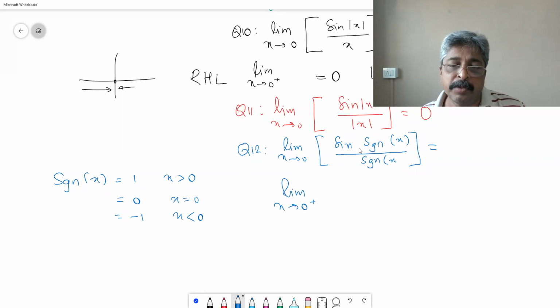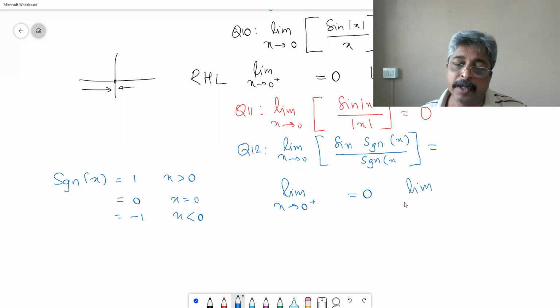Sin of 1 is less than 1, therefore the greatest integer of a positive quantity less than 1 is going to be equal to 0.